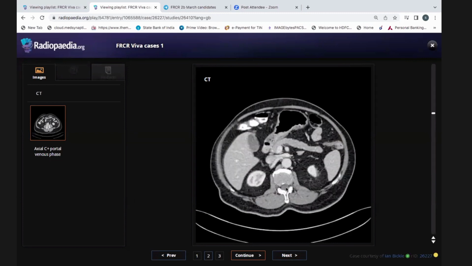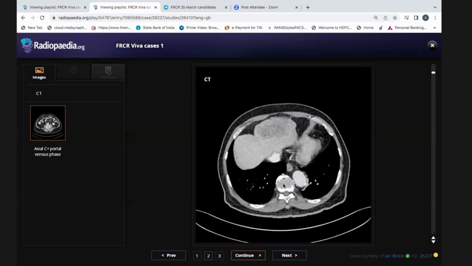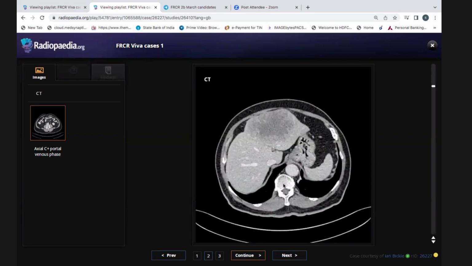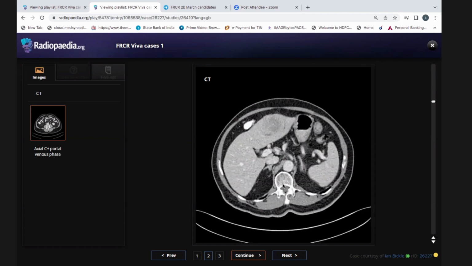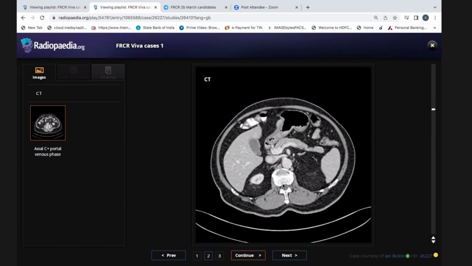I'm taking overview. I find there is a sizable focal hepatic lesion seen at segment 2 and 4A, heterogeneously enhancing, and it extends to segment 3 as well.